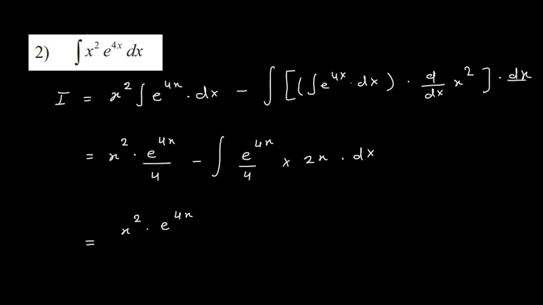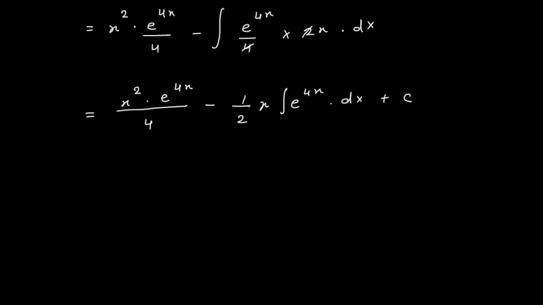So this is equal to, now x square into e power 4x whole divided by 4 minus, this 2 and this 4 will cancel, so this is 1 divided by 2. Here it is x into integration of e power 4x into dx plus c.